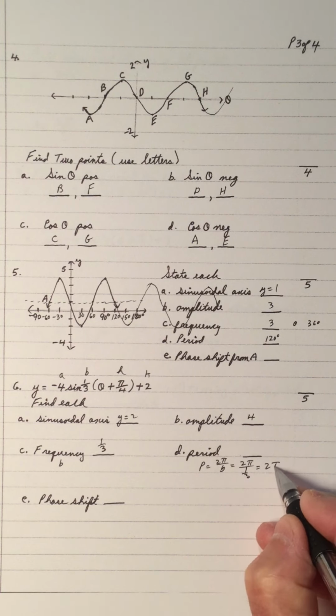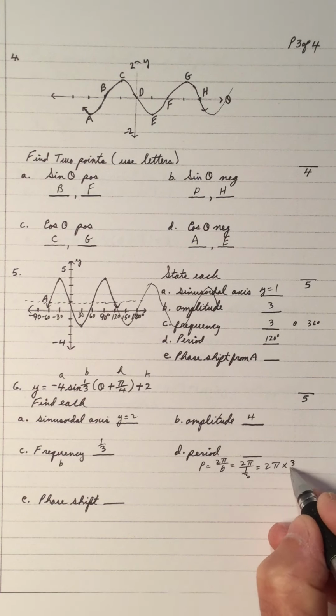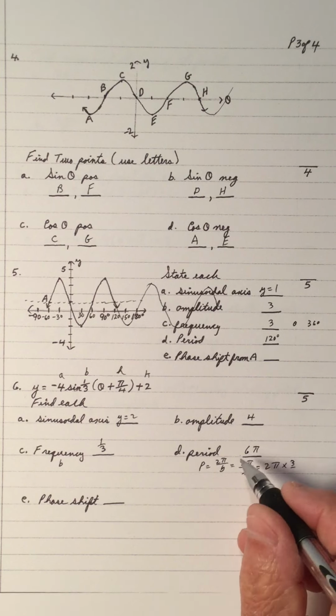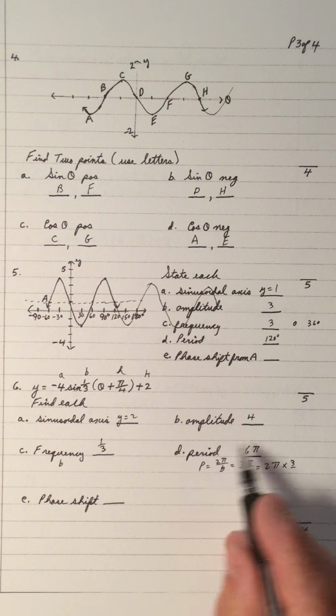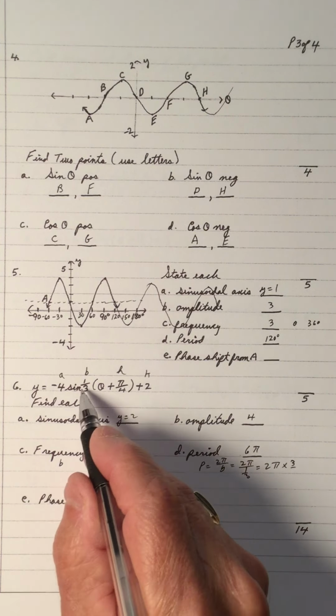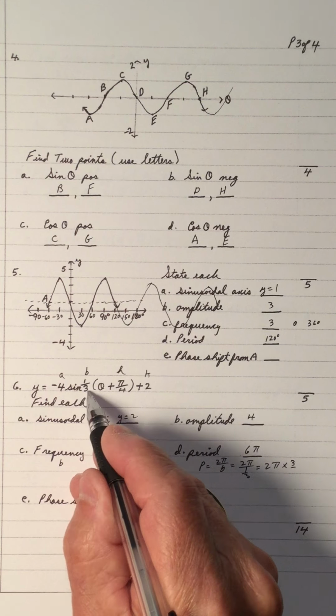So that's 2 pi times 3 over 1. So that's 6 pi. So that means between 0 and 2 pi, there's only 1/3 of the wave. So this value here is the frequency.